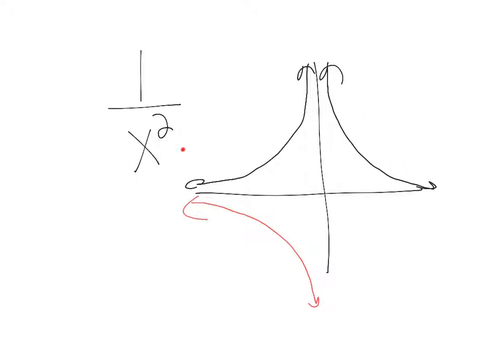Well, if you square it, it's going to act just like over here. If x equals positive 1, it's going to act the same as y equals 1. This is an even function because f of negative x is the same as f of x.